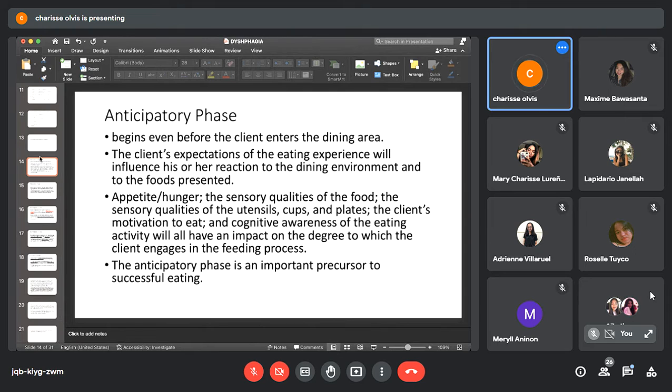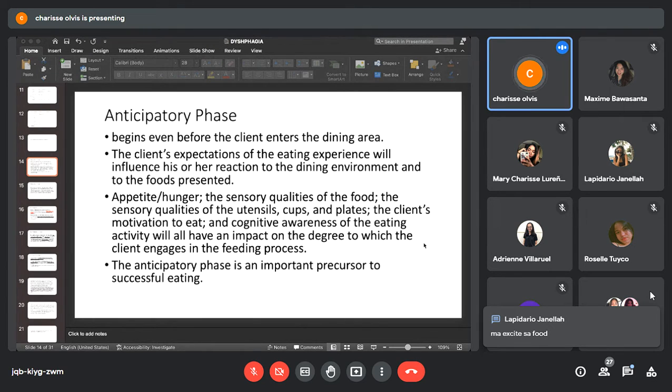It is more in the mind. Like when we think about lunch, around 10 or 11 in the morning, we already have thoughts about what we will eat. So that is your anticipatory phase.